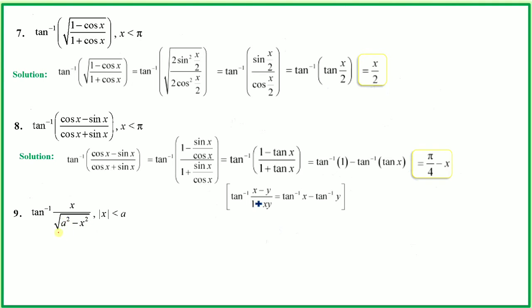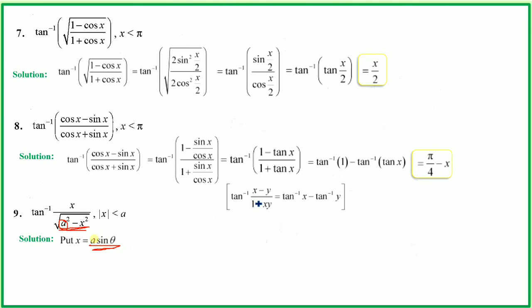Next question, tan inverse of x upon square root of a square minus x square. Here it is something like 1 minus x square, but the constant in this case is not 1. Otherwise we could simply have put sin x or cos x. So let us see what we should put. Put x equal to a sine theta.